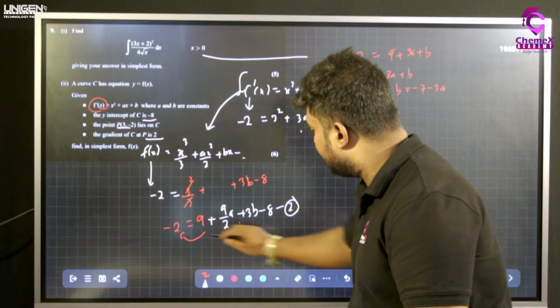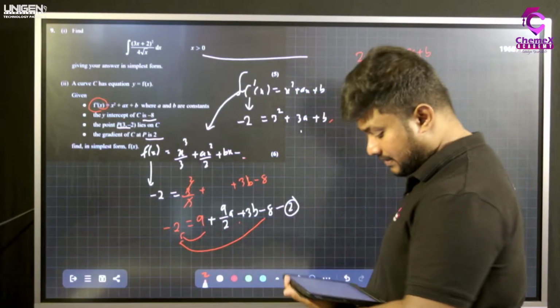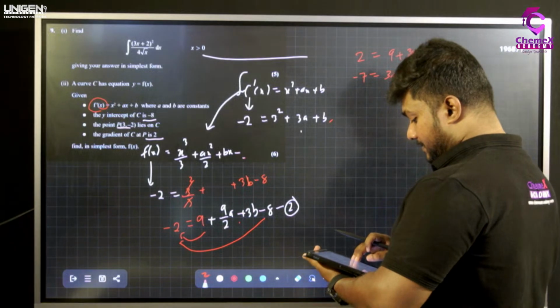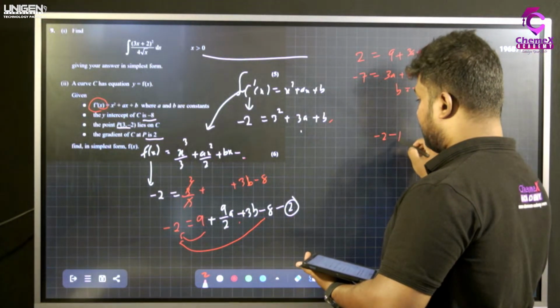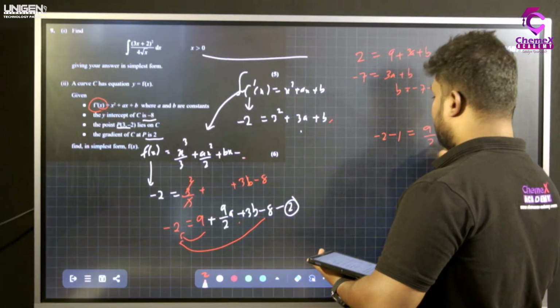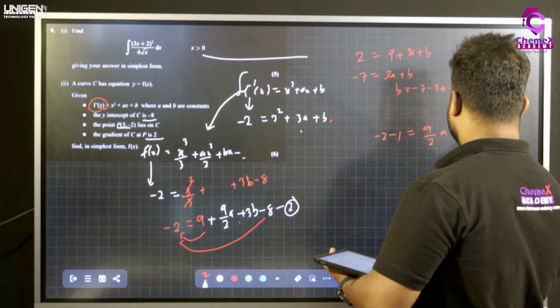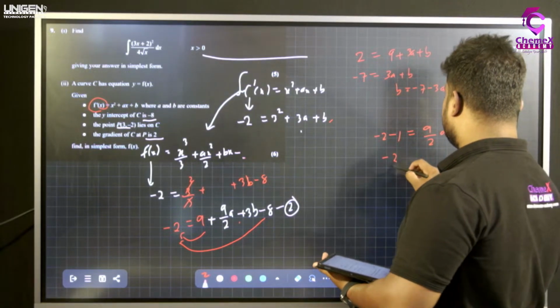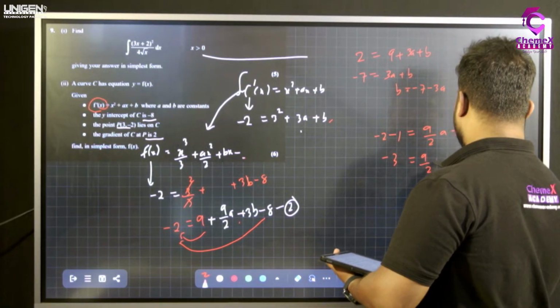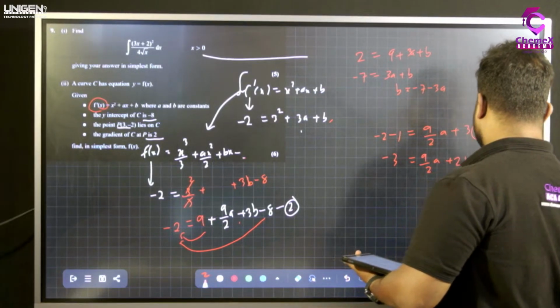So you take everything to the other side. So what do you get then? Minus 2 minus 1 is equal to 9 over 2a plus 3 times 3b. 7 minus 3a. So it becomes minus 3 equals 9 over 2a plus 21 minus 9a.